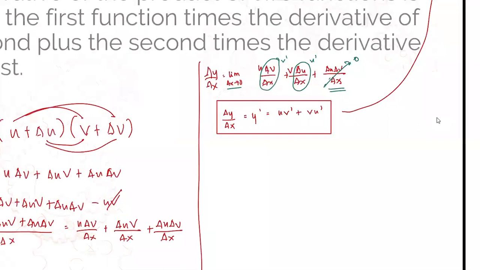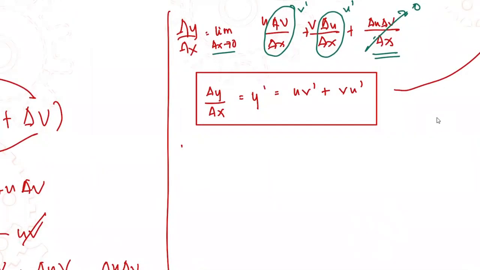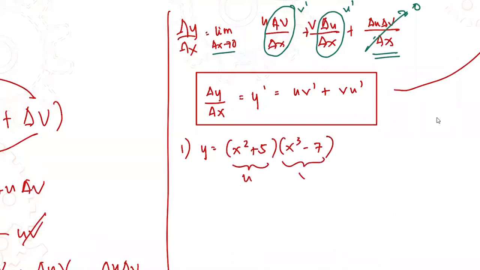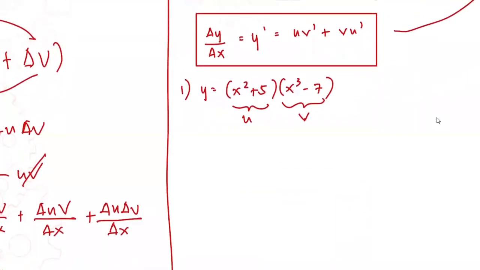So, example, halimbawa, we have y is equals to x squared plus 5 times x cubed minus 7. Okay? So, ang u natin is ito. Ang v natin is ito. So, magandang gawin, i-derive mo siya separately.